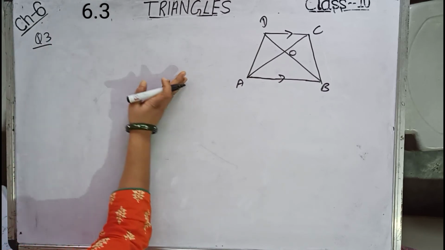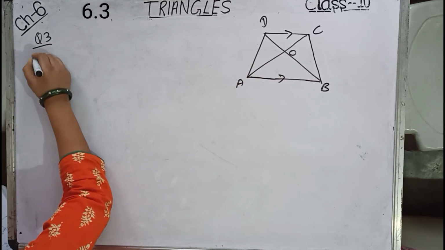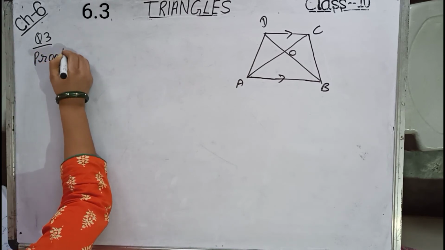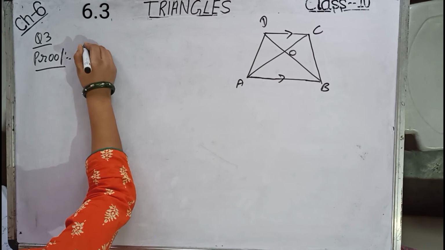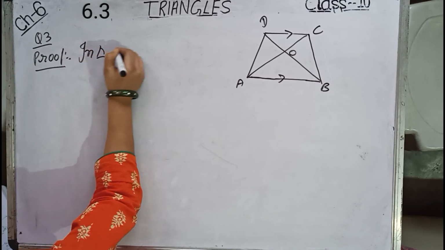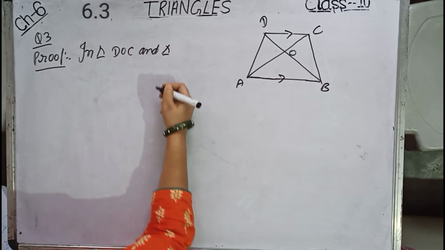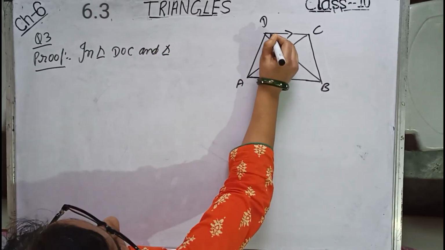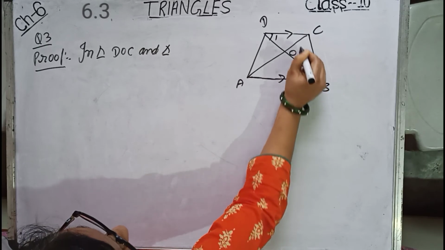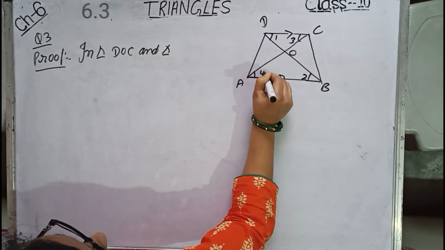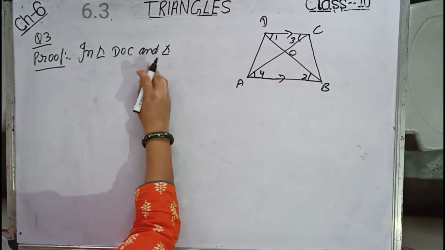So given and required to prove, I am not writing directly; I am writing the proof part. You will be writing the given part. Proof. In triangle BOC and triangle, now this angle will be equal to this angle, this angle will be equal to this angle, so let us name accordingly.